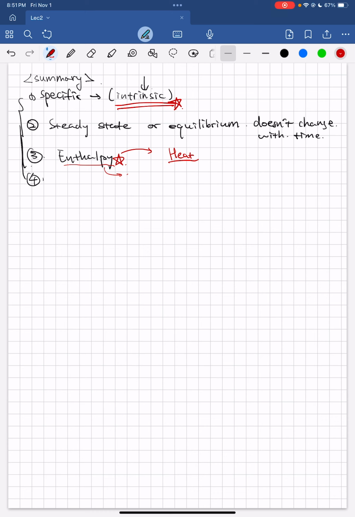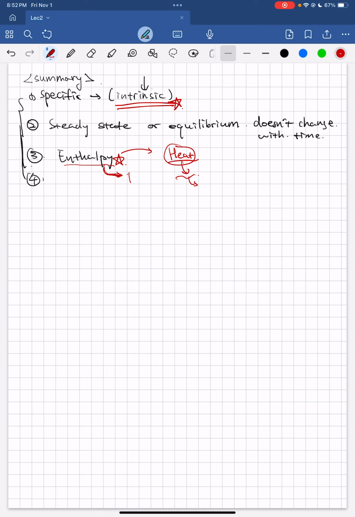Humans created this just to make the math simpler and more convenient, so they know which way to integrate or do the math, because for heat there is no way to express this as a mathematical function.